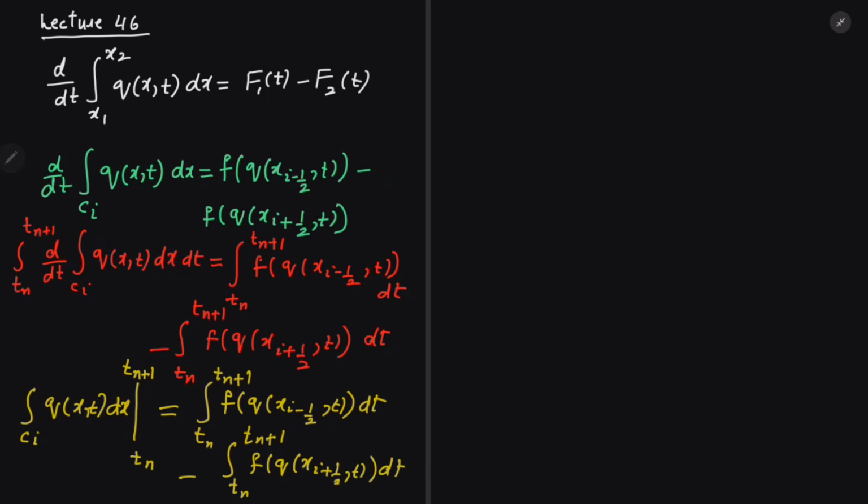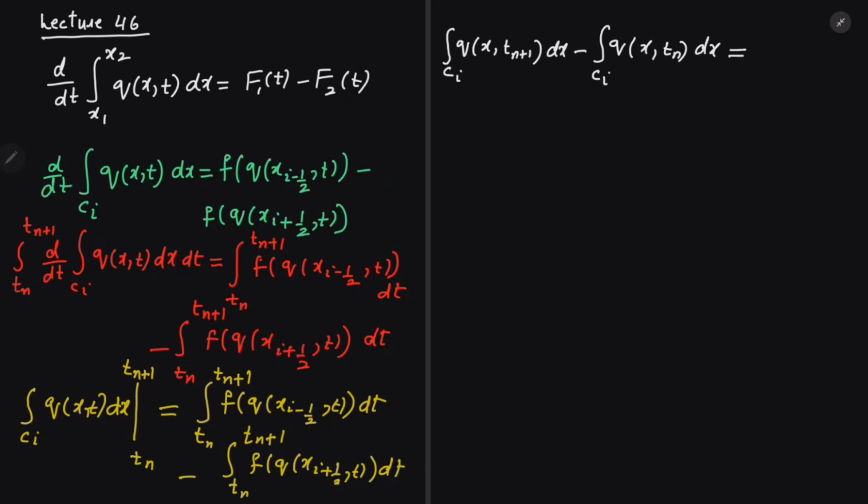Okay, so we put the upper limit, that becomes the integral over cell i of q(x, tn+1) dx minus the lower limit for the time t, q(x, tn).